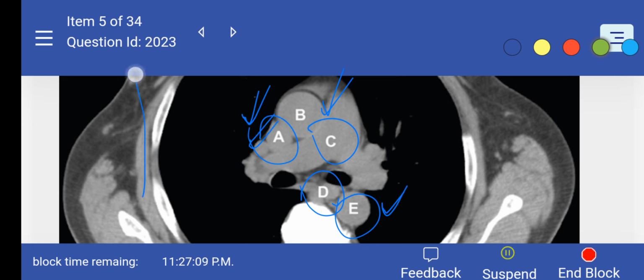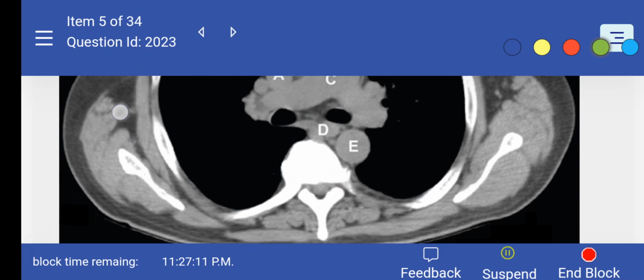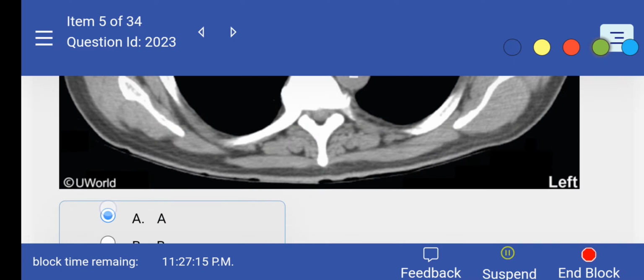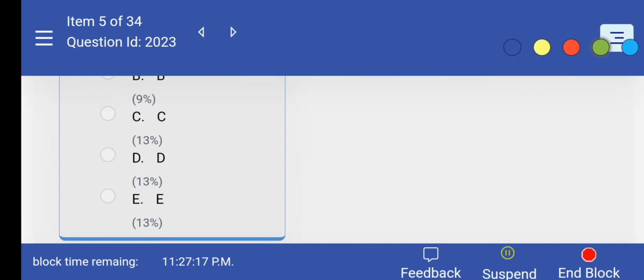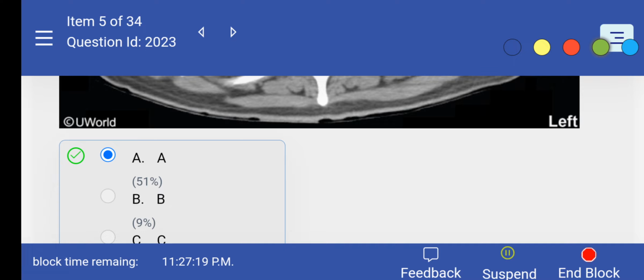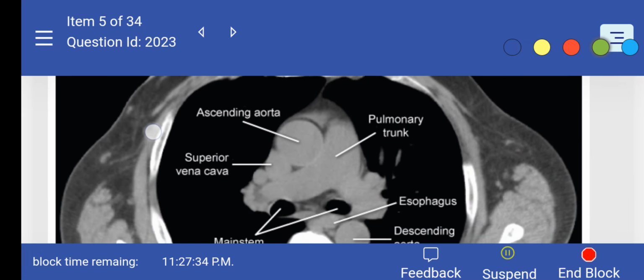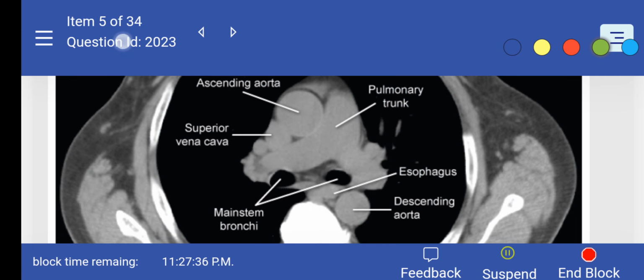All right. Let us see the explanation. So this one is option A. As I was saying, the normal chest CAT scan is showing this one over here, the superior vena cava, right? And then we have the ascending aorta over here.